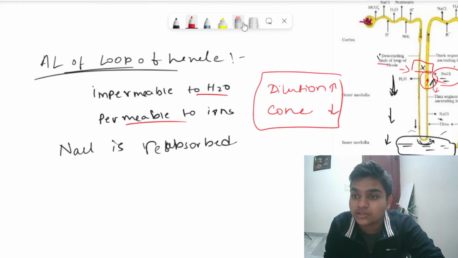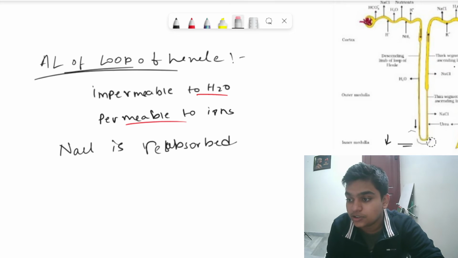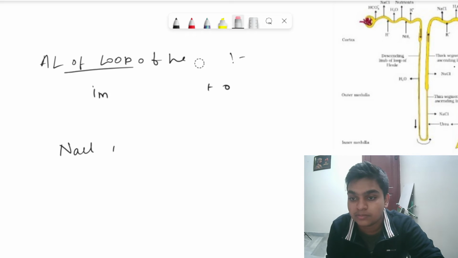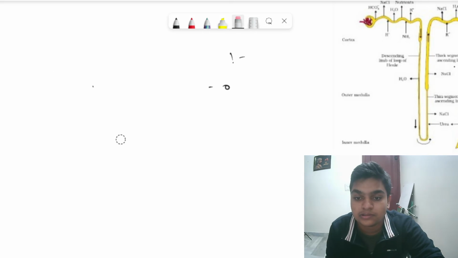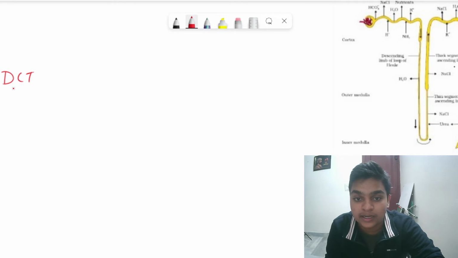Now coming to the last part of the tubular reabsorption, that is your DCT part.